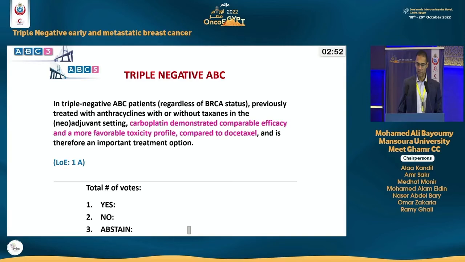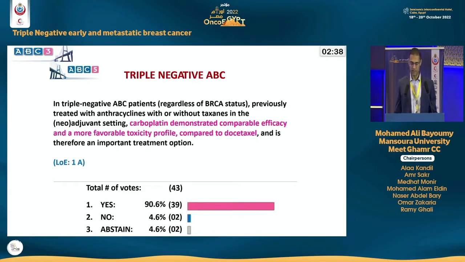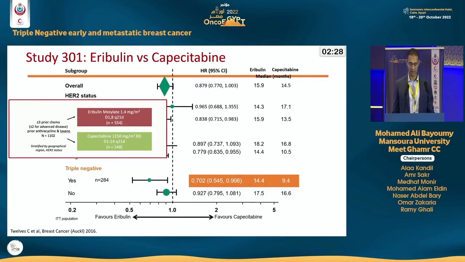And this question was in the ABC5, in case of metastatic triple negative patients who received anthracycline and taxane. Carboplatin still demonstrated comparable efficacy, and the answer was about 90% yes, you can use carboplatin compared to taxane in case of progression on a previous anthracycline with or without taxane.